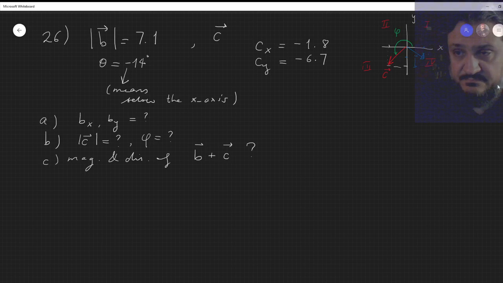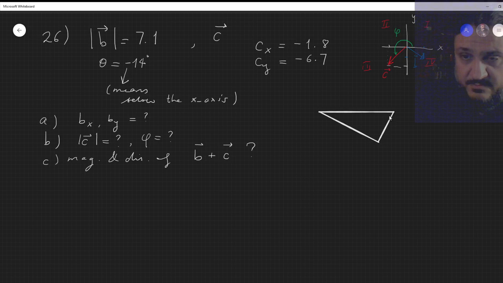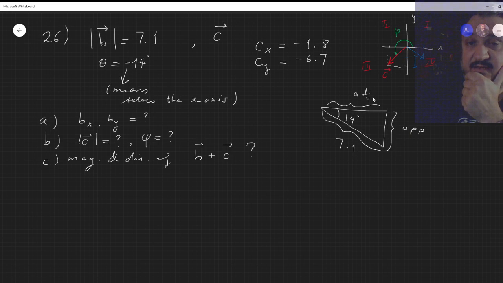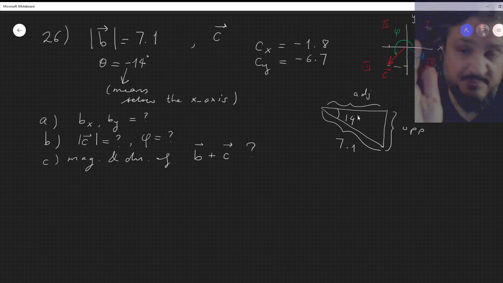Okay, so let's use our sines and cosines. We're talking about the length here, which is the hypotenuse, 7.1, and this is 14 degrees. Now how do I find this side, which is opposite to 14, and the adjacent side to 14? Just use the definitions of cosine and sine, but do it the right way.